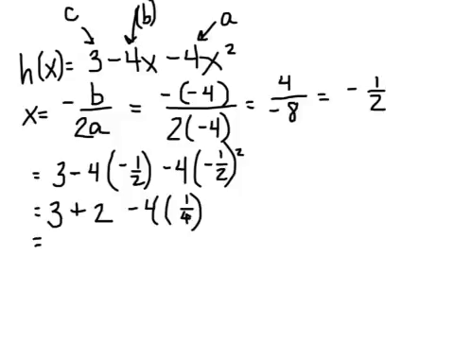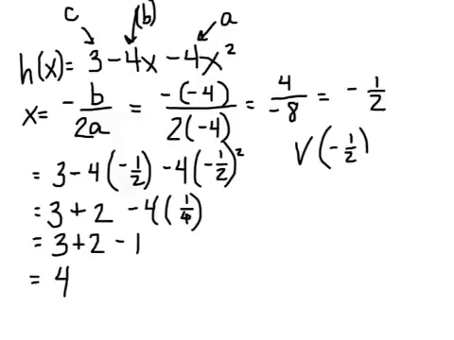And then when I multiply that together, I get negative 1. Now adding all those together, 3 plus 2 is 5, minus 1 is 4, and I end up with a vertex of negative 1/2, positive 4.